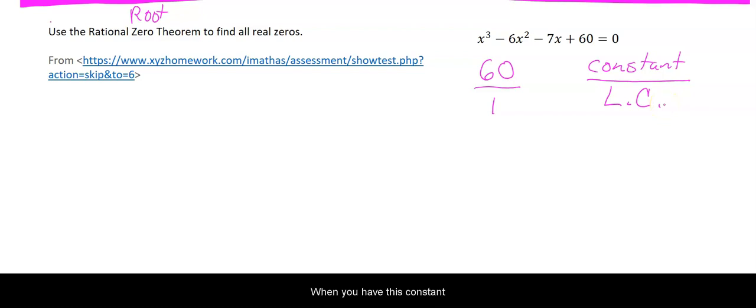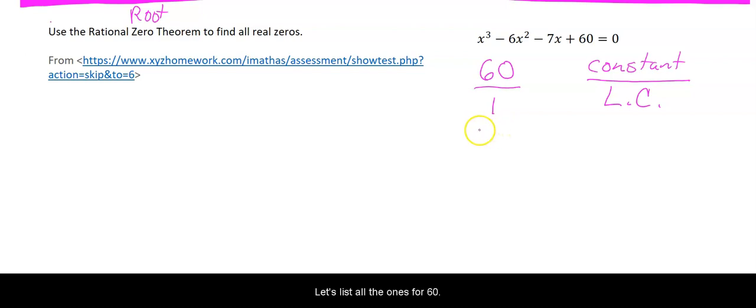When you have this constant divided by the leading coefficient, there are all different kinds of ways to get those numbers. We're looking for all possible factors of 60 and all possible factors of 1. Now, 1 has only one factor, which is itself, but 60 has many.